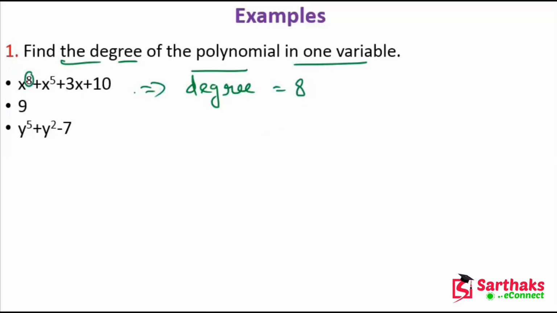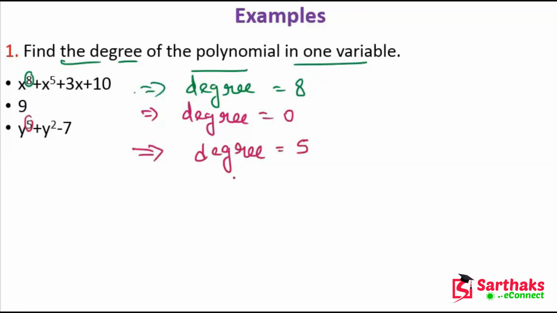In this case the degree is 0, because this is a constant term. In this case the maximum power is 5, so the degree is also 5. So this is the answer. I hope you understand this question.